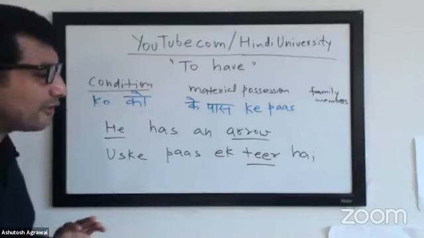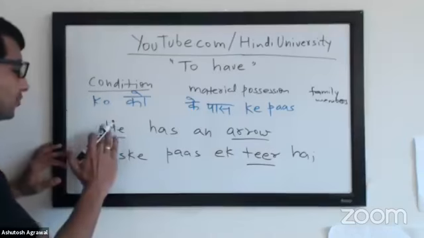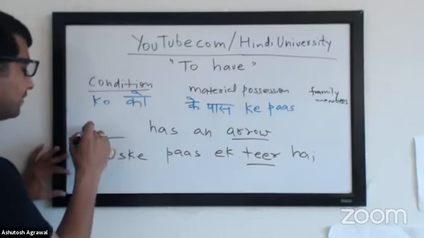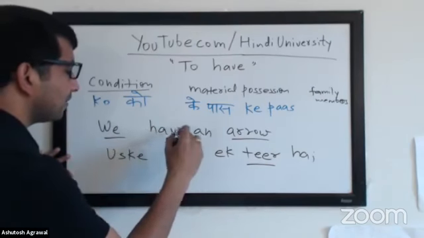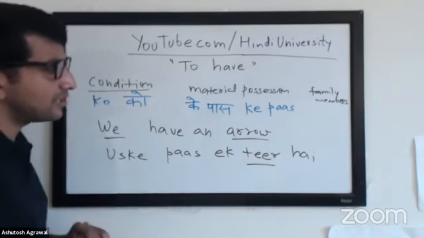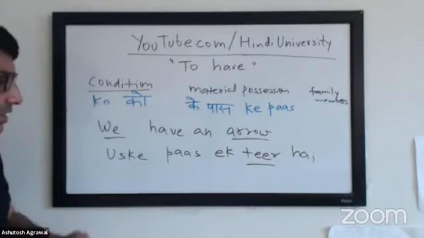Hamare, like also should I make for uske or something else? Go for it. Your creative space. You get to decide. Hamare paas do ghar hai. Very good. So you said hamare paas. We have. So now this example is a border case. We can use it in the third scenario as well, but I'm going to still write it down.